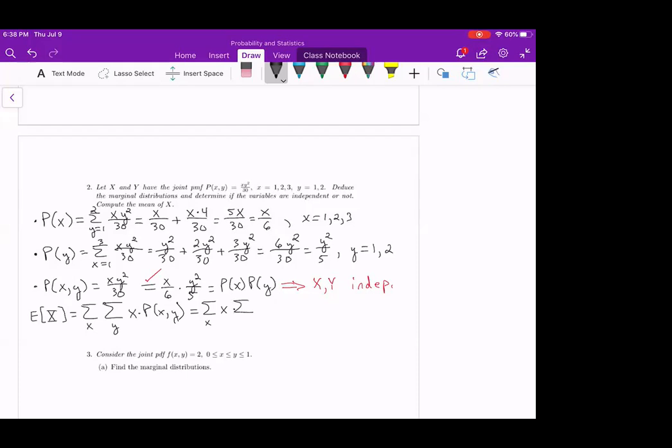That's not a product. I know I wrote the product symbol there, but I could pull it out here and rewrite the double summation in this fashion. What do you get when you sum across y of your joint distribution? What is that equivalent to?